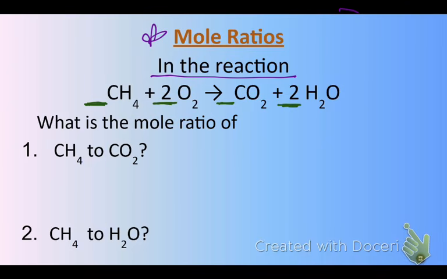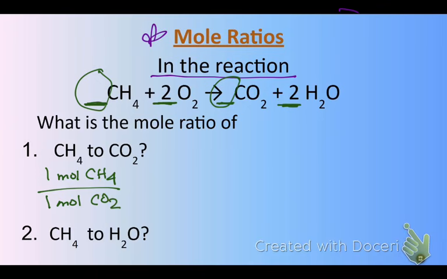So we can look at these as some sort of ratio. For every 1 mole of CH4, I'm going to yield and produce 1 mole of carbon dioxide. I could also say, if I made 1 mole of carbon dioxide, I must have used up 1 mole of methane.